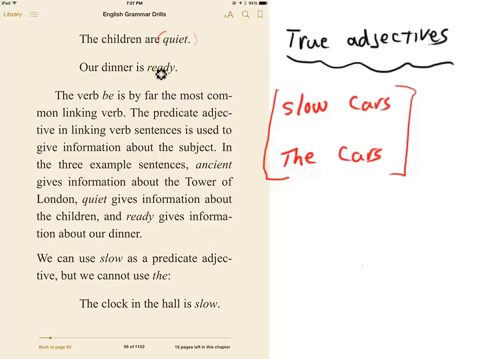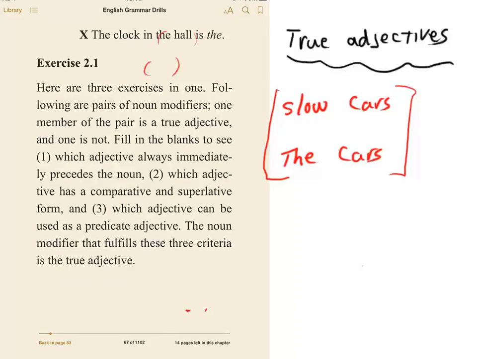Both of those are true adjectives. You can also say the clock in the hall is slow. You can use slow at the end after the verb, so it's a predicate adjective. But the cannot be used in the predicate. The clock in the hall is the. See, you can't move the to the end of the sentence, so that is not a true adjective. It must come before the noun.